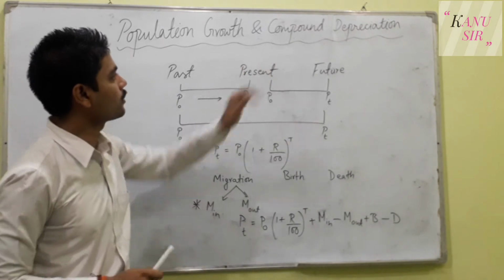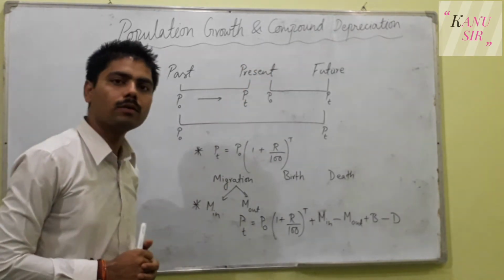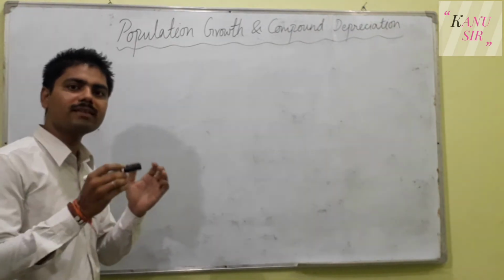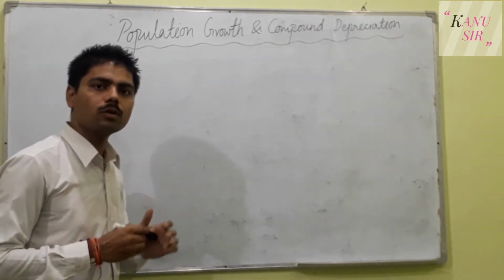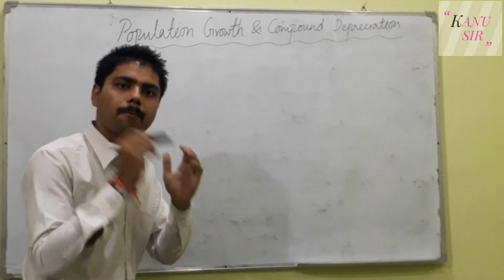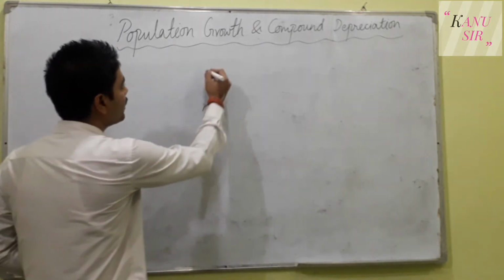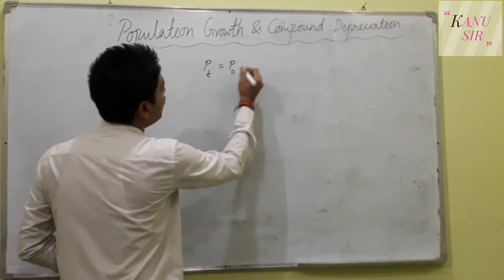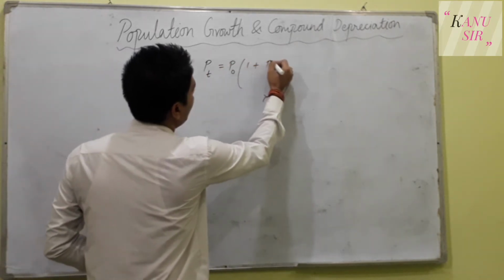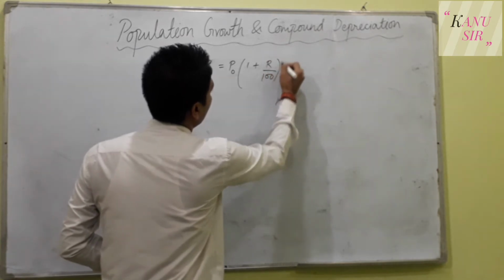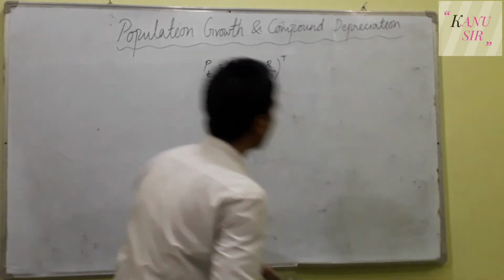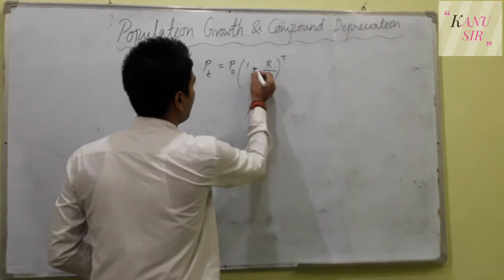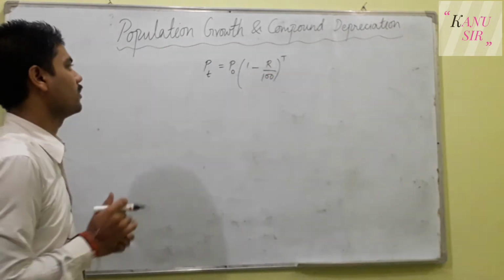Now let us talk about the formula needed for compound depreciation. Here in compound depreciation we will use the same formula as in population growth, but in place of the plus sign we put a minus sign. The formula of population growth was PT is equal to initial population times 1 plus R upon 100, to the power T, but for depreciation there will be a minus here and the rest will be the same.